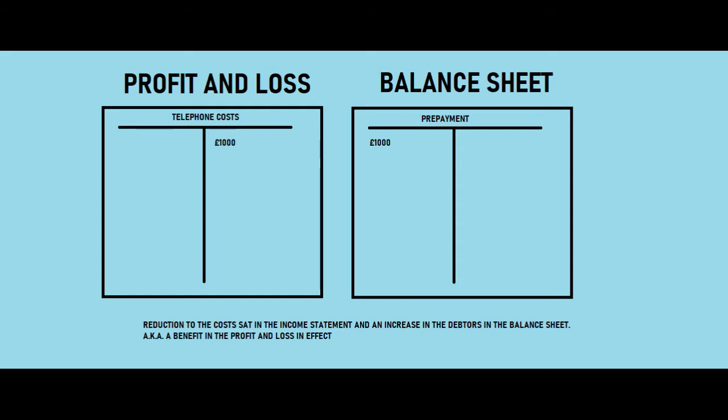We're going to debit prepayments with 1,000, and credit telephone costs in the profit and loss by 1,000. So we are reducing the cost in the profit and loss account, and increasing the prepayments that are sat on the balance sheet. So there's your debit and credit.